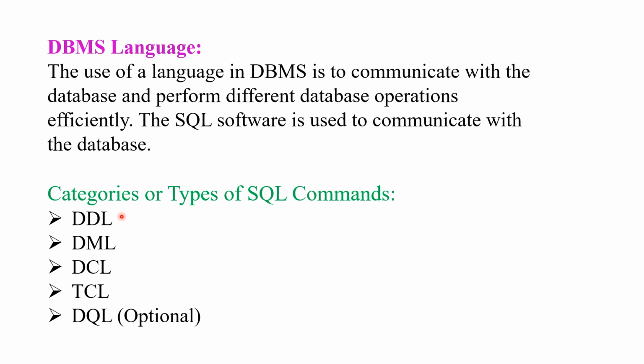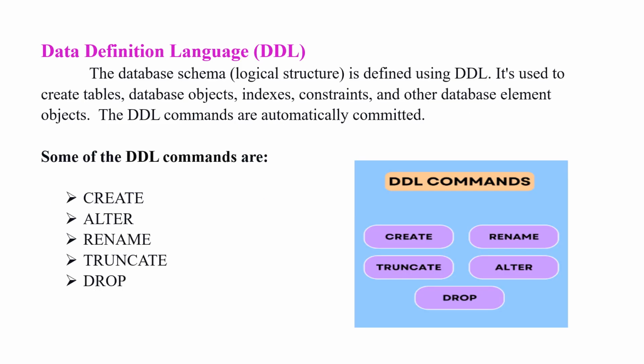There are several types of languages in SQL: DDL, DML, DCL, TCL and DQL. What is the meaning of DDL? DDL is Data Definition Language, which helps to define the logical structure of the database. That means whenever we want to create new tables and objects in the database, or create indexes and constraints on a particular database object.